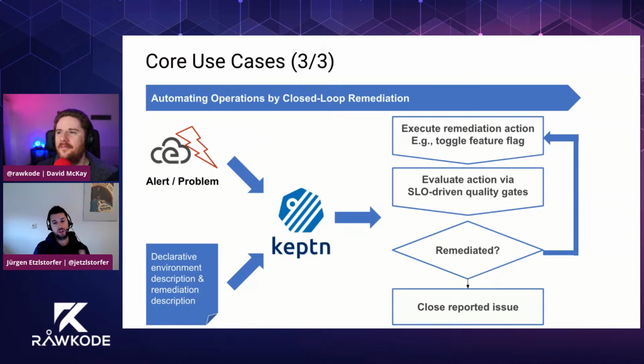And if it's not remediated, Keptn can take the next action, and it can be a sequence of actions that can be taken. And all these actions are actually evaluated if they remediate the issue or not.